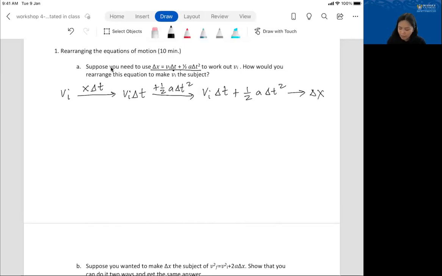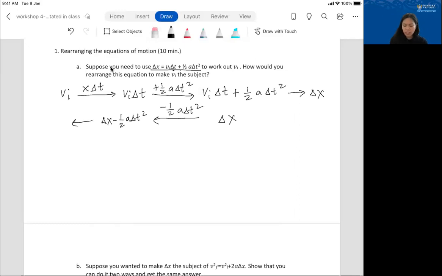Okay, let's now go back and undo the operations that we did. So we'll start with delta x, and the last operation we did was to add 1/2 a delta t squared, so we need to subtract 1/2 a delta t squared from delta x, doing the inverse operation. So that will be delta x minus 1/2 a delta t squared.